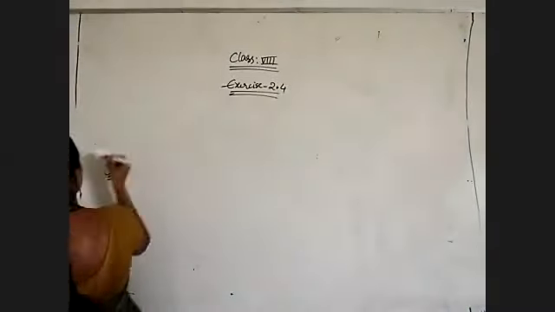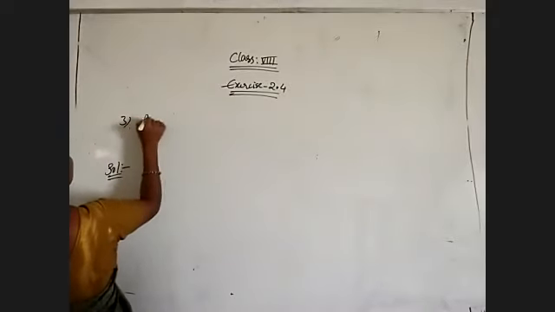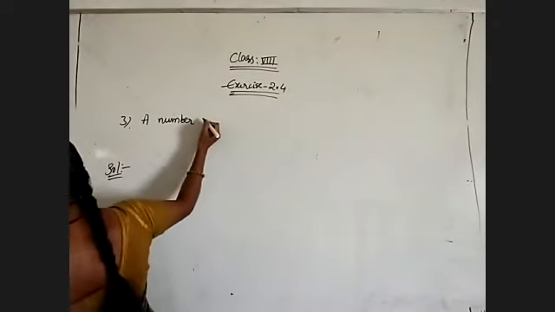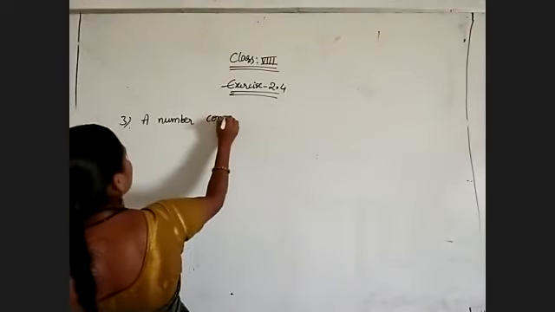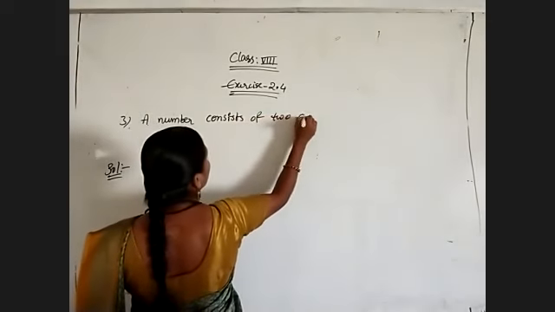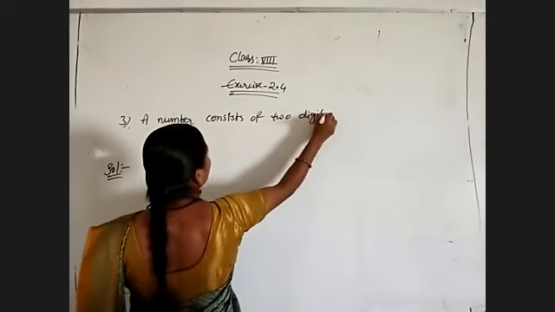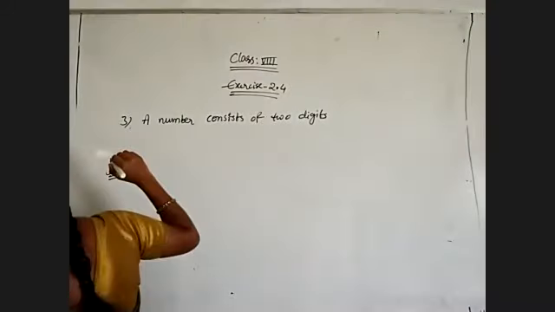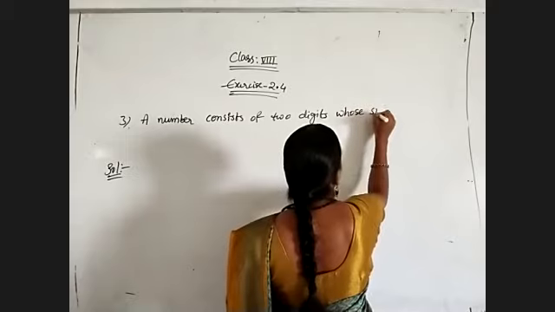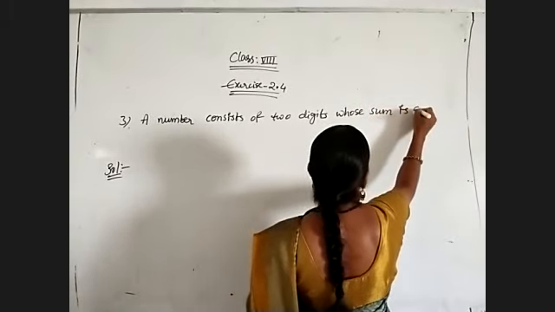So my third question is, a number consists of 2 digits whose sum is 9.